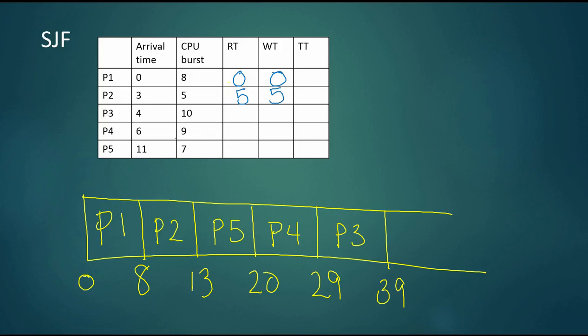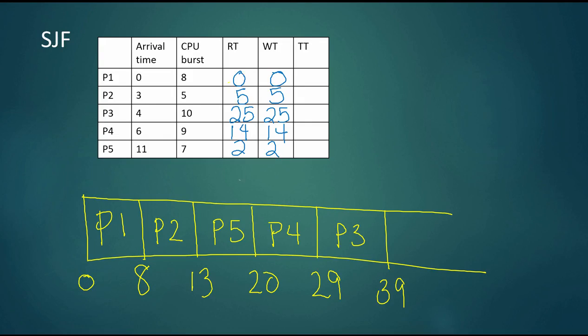P3 arrived at time 4 and waited until time 29, so P3 waited 25 time units. And P4 arrived at time 6 and waited until time 20, so 14 time units. And P5 arrived at time 11 and waited until time 13, so P5 waited 2 time units.